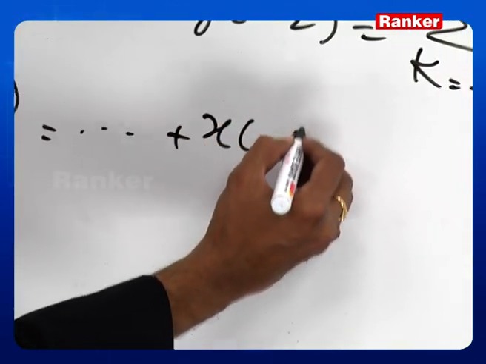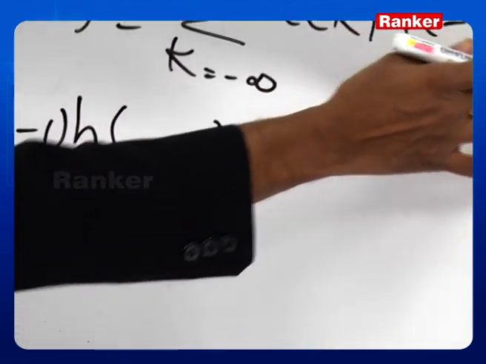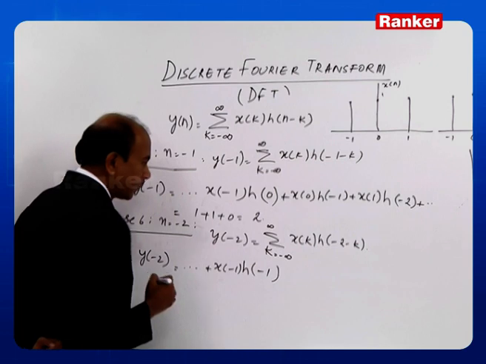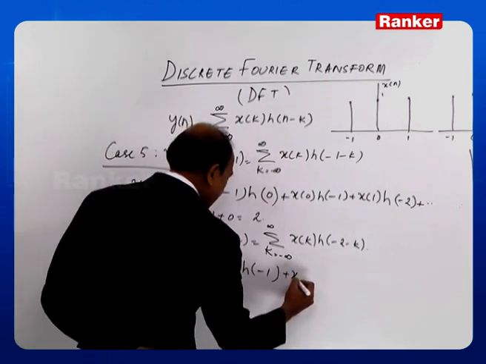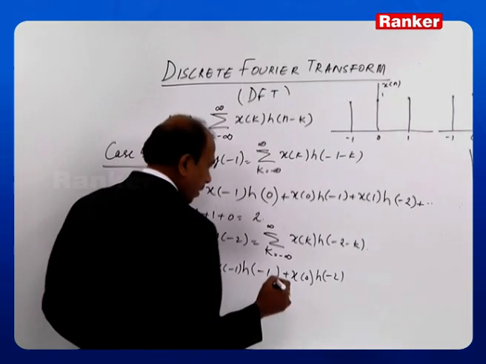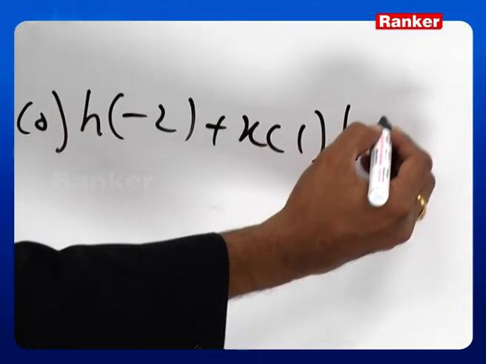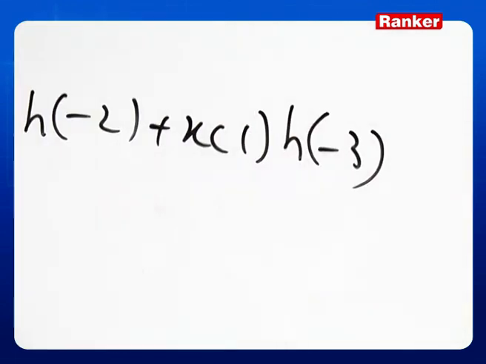x of minus 1 we take, then h of minus 2 plus 1, that is h of minus 1, plus x of 0, h of minus 2, plus x of 1, h of minus 3, and so on.